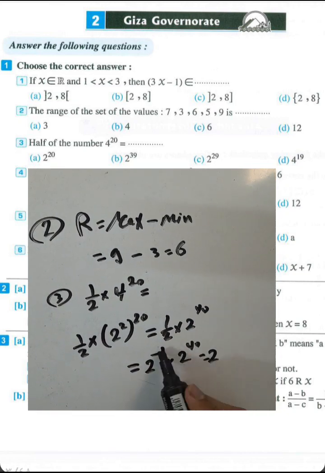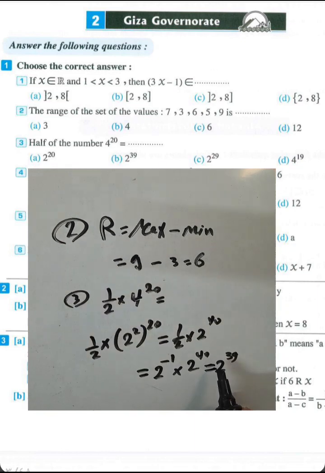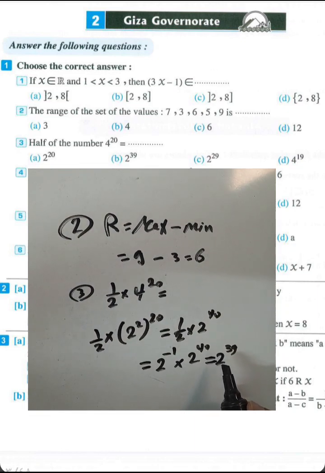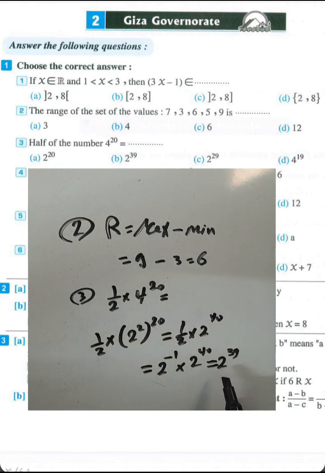Then write 40 minus 1, it will be 39. Then the result will be 2 power 39. Choose letter B about question 3, okay?